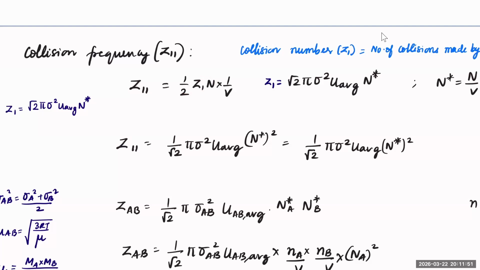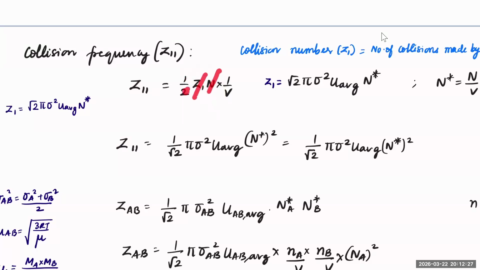Because with respect to particle 1, if you count there are Z1 collisions, then definitely with respect to particle 2, a 1-2 collision or a 2-1 collision is the same only, right? Therefore, with respect to every particle when you count, there will always be one duplication. Hence the total number of collisions is Z1 n, which is theoretically how many collisions should happen, but divided by 2 will give you all the unique collisions happening.